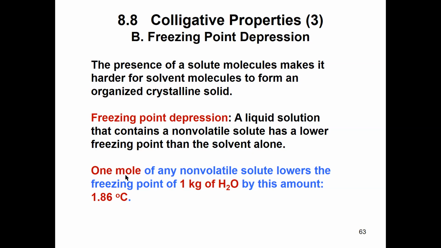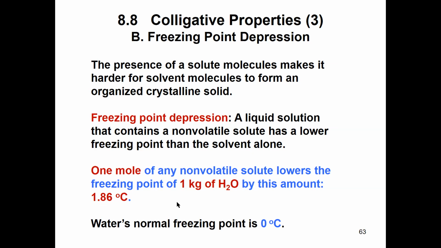To know by how much, 1 mole of any non-volatile solute lowers the freezing point of 1 kilogram of water by this amount, 1.86 degrees Celsius, because the freezing point of water is 0 degrees Celsius. So for every mole of, for example, salt in 1 kilogram of water, you would decrease by 1.86.